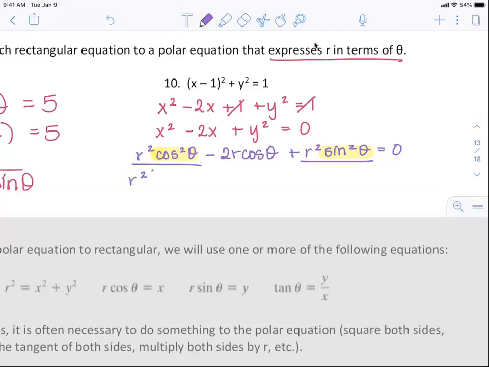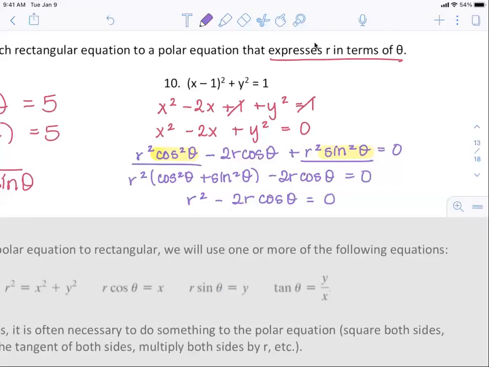So now I have r squared times cosine squared theta plus sine squared theta, minus 2r cosine theta equals 0. Cosine squared plus sine squared is equal to 1. So this just becomes r squared times 1 minus 2r cosine theta, and that is equal to 0.